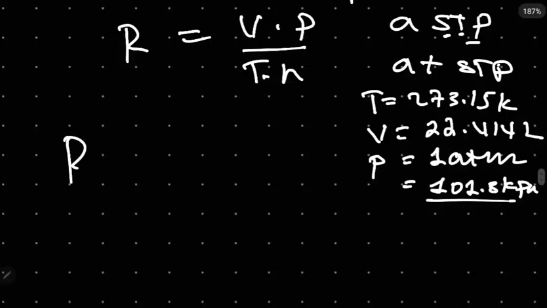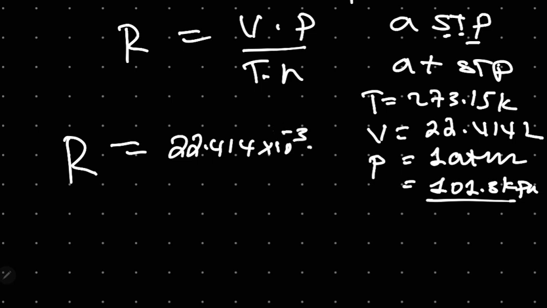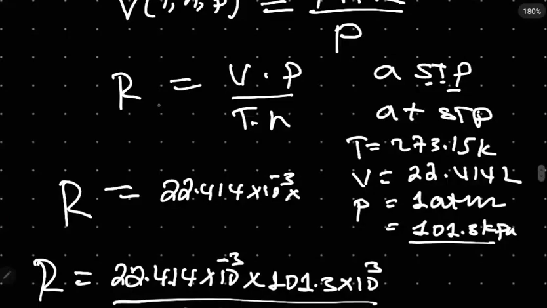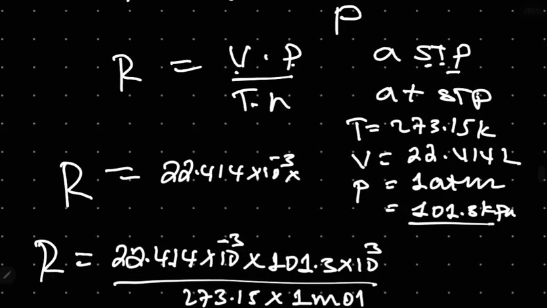So to get the value of R, you use the volume 22.414 liter times 10 to the power of minus 3 times the pressure in atmosphere. All right, because when you derive R, you have R is equal to volume times pressure divided by temperature times number of moles.